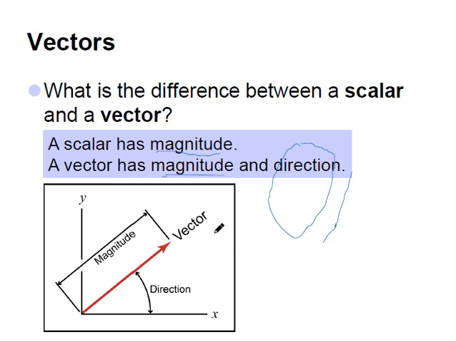So the vector has a magnitude, size, amount, how strong, how large, in addition to the direction showing you where it's going. Try to get that magnitude and direction, and you will get this pretty easily.